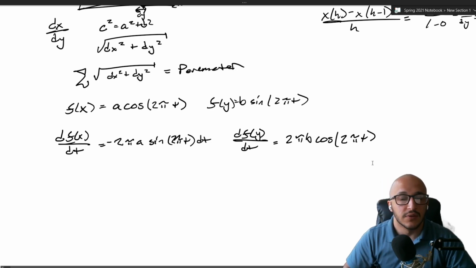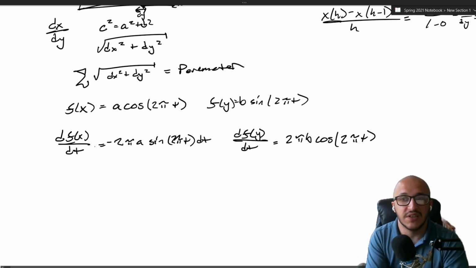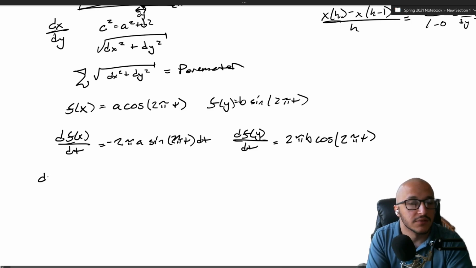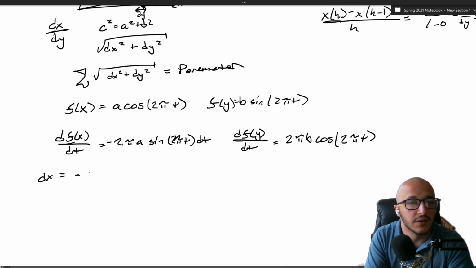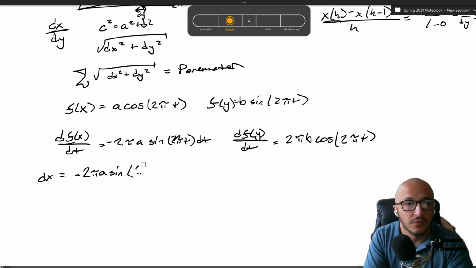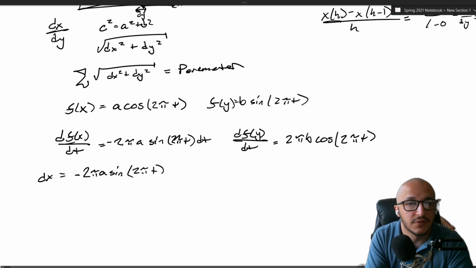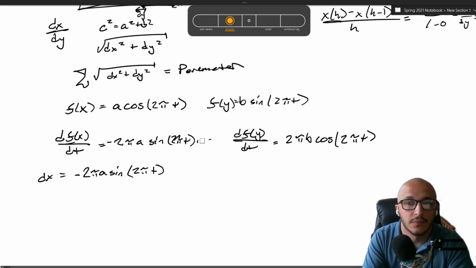Okay, so then if we want to get dx by itself, we just multiply out by dt. So if we want to get dx, we get negative 2 pi a sine 2 pi t dt.